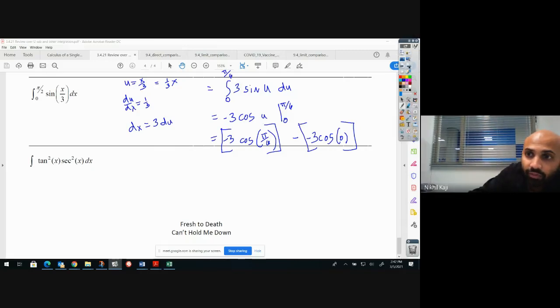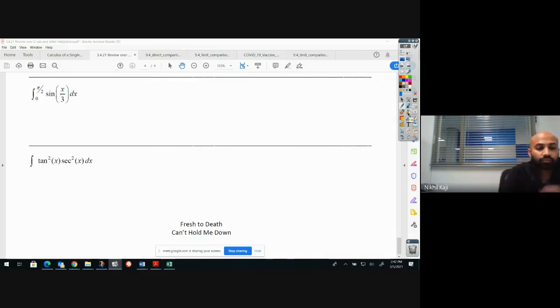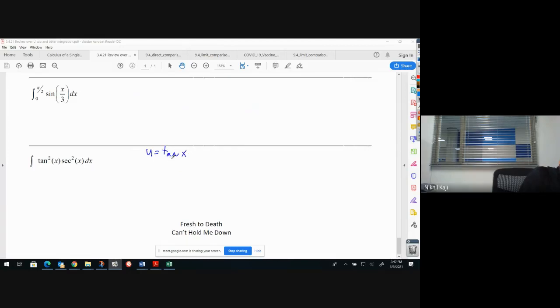Then our very last problem. So now we have tan squared and secant squared. So in this case, we can use u sub because if you think about it, if we pick u to be tangent x, our derivative is secant squared, and that's going to cancel this out.